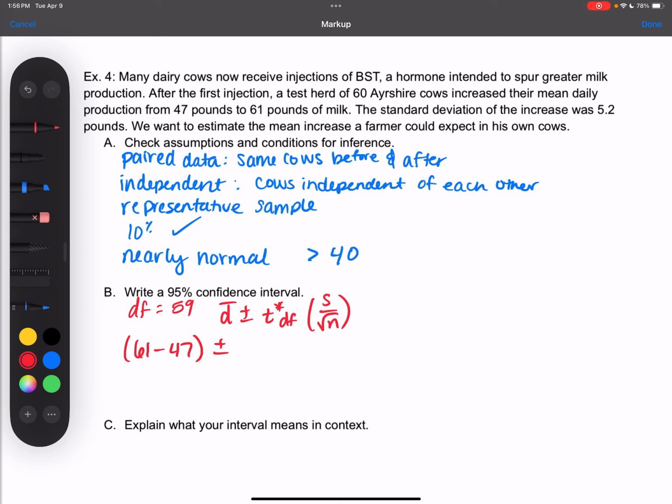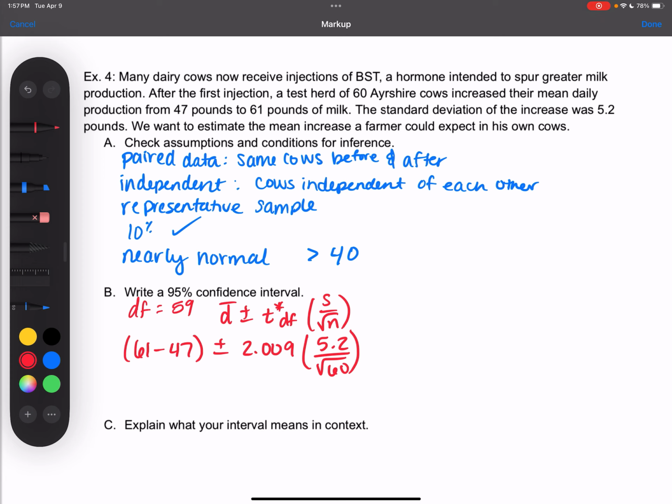Because the temptation would be, well, it's close to 60, so go to 60, but it's actually going to be 50, so 2.009. And then S, the standard deviation we are given, it says of the increase, which means they've already taken it for the difference, so that's 5.2 over the square root of N, which was 60. And so we could do it out that way.